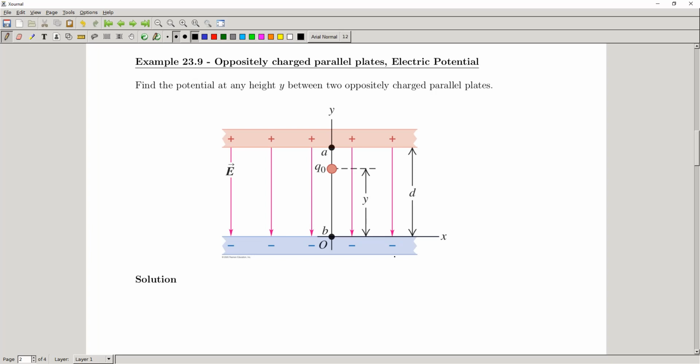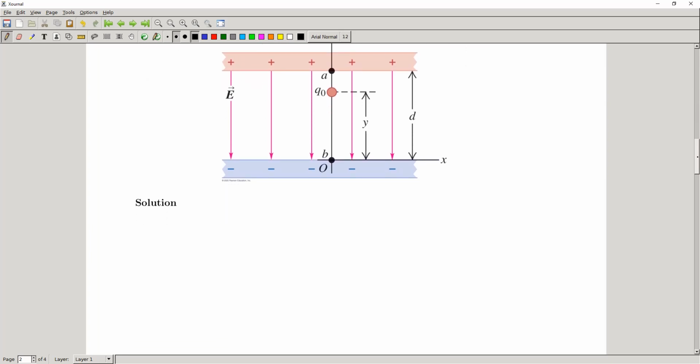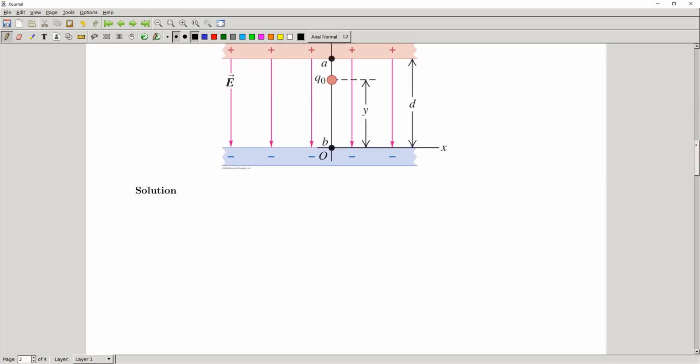So how can we get to this solution? Well, we're going to start off by recalling from our first set of lectures in this chapter, I believe it was section 23.1, we wrote down that our electric potential energy, our U, can be written like this.